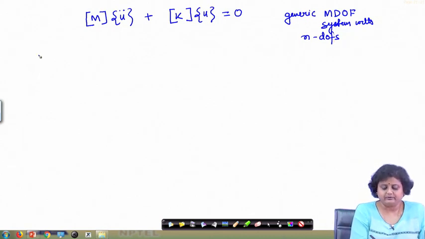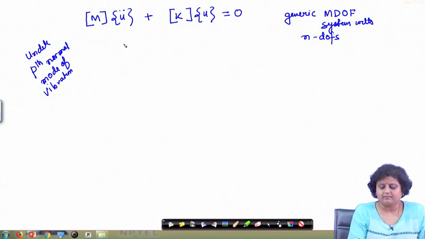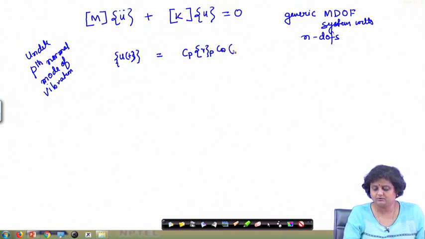Now, we know that under the pth normal mode of vibration, my u(t) is going to be Cp, which is a constant, Rp into cos(omega p t minus phi).